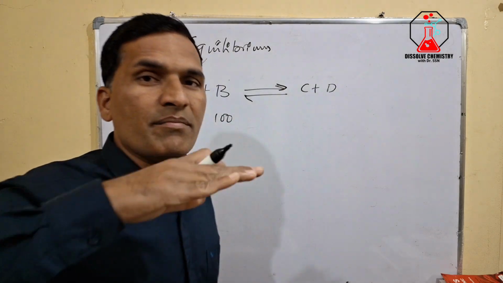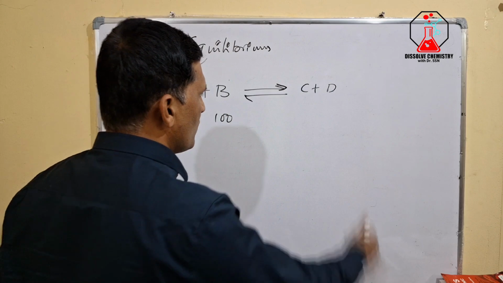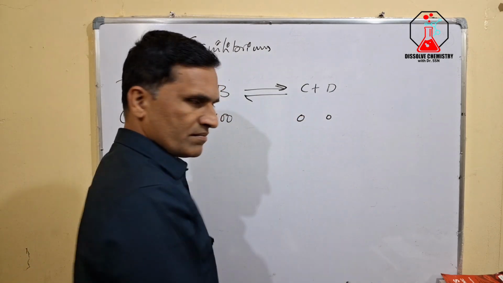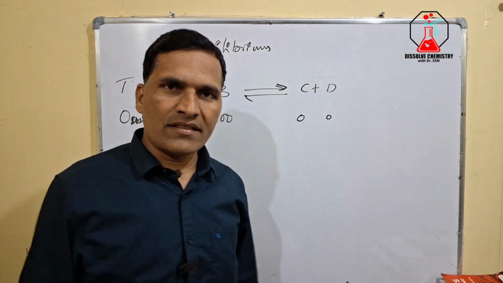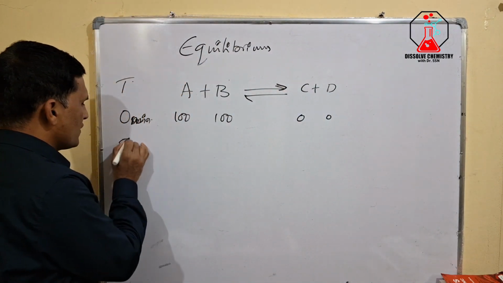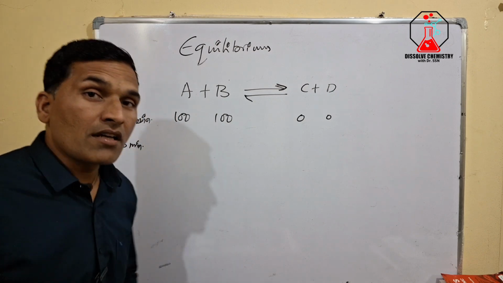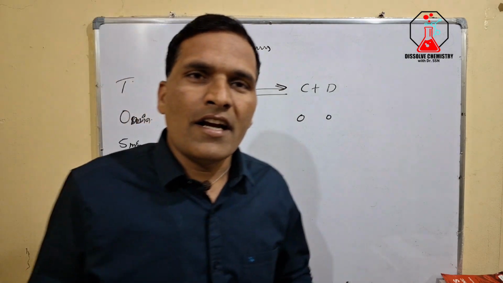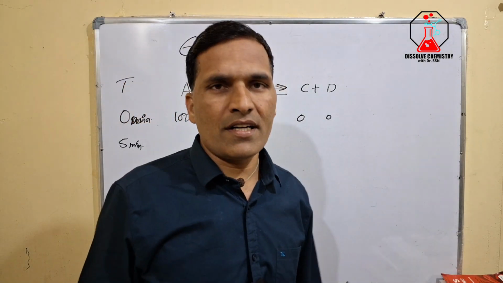At the first minute, the reaction has not commenced. Then what is the amount of your product? 0, 0. Now you start your reaction and check at intervals of 5 minutes. After 5 minutes, you stop the reaction and check how much of A and B have been consumed to give the product under the given conditions.